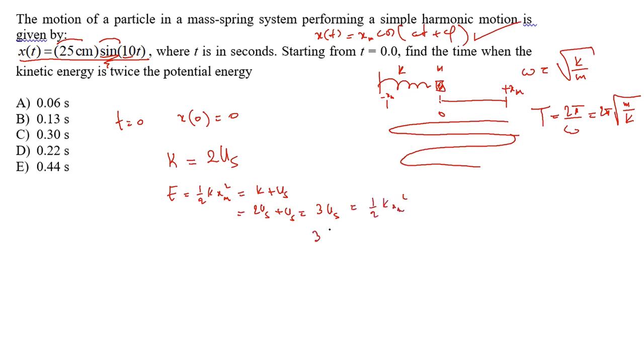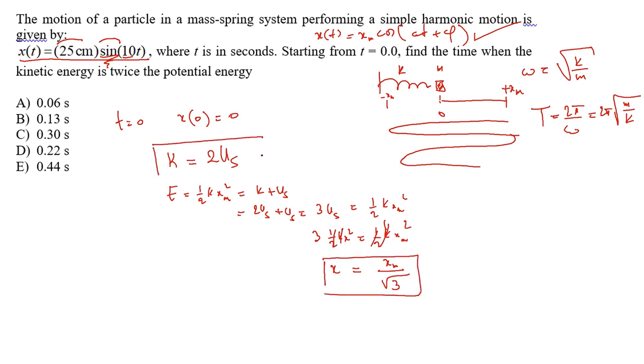You remember U_s is just half k x squared, so 3 times half k x squared is equal to half k x max squared. I simplify by k and by half, and I find that x is just x max divided by square root of 3. So this is happening when the position is at x max divided by square root of 3.